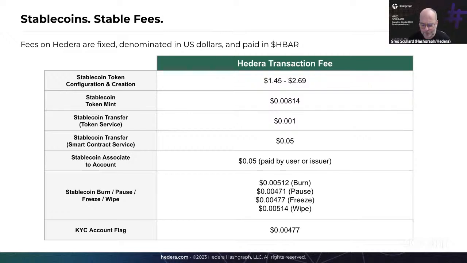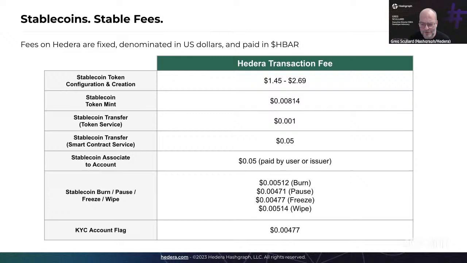They're paid for in cryptocurrency, which is our cryptocurrency, HBAR, at the exchange rate at the time of your transaction being executed. And Hedera is one of the, I think maybe the only network that does so. There may be another one. I'm not 100% sure, but we don't have a fee market for transaction fees.